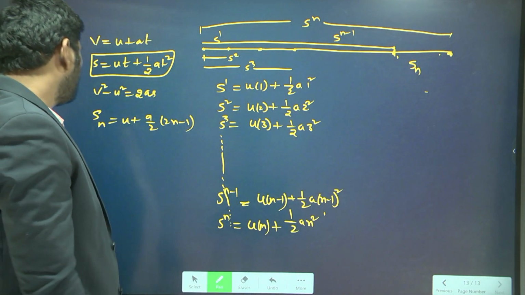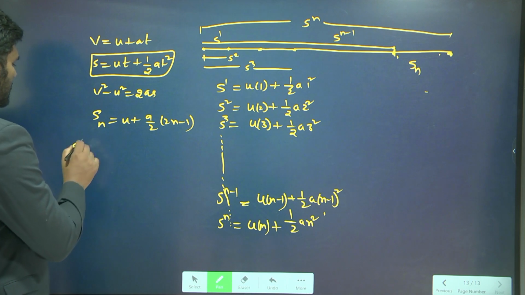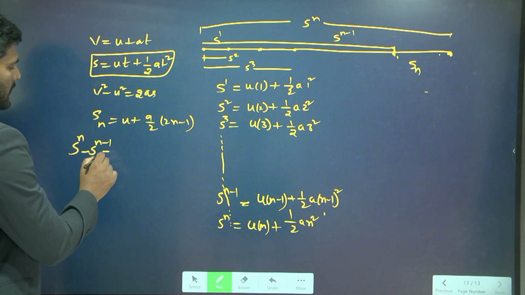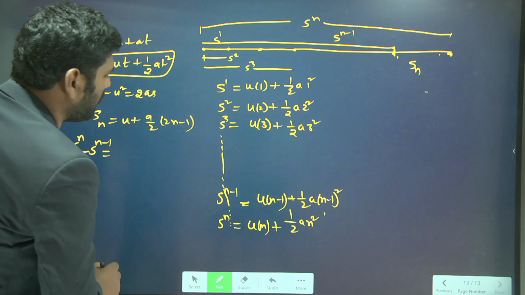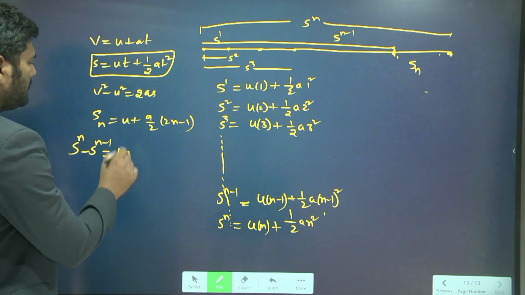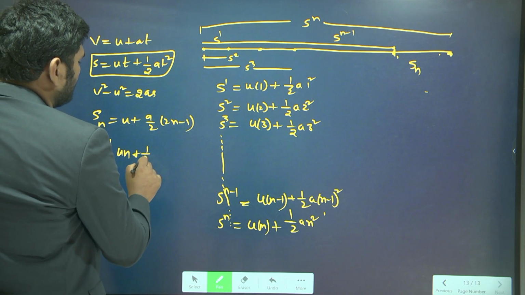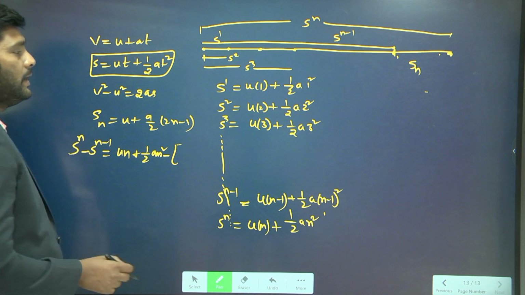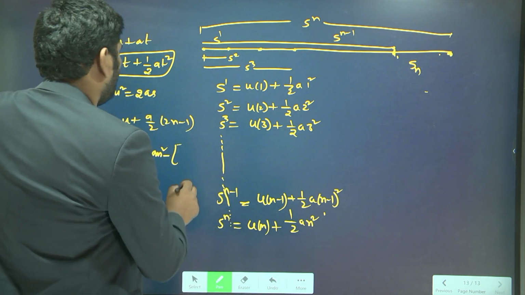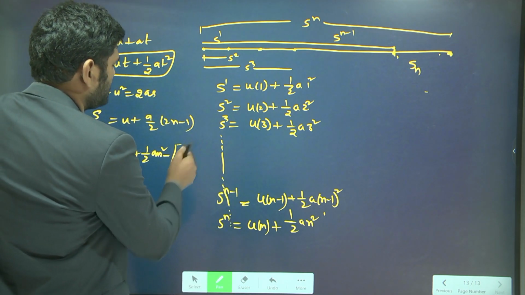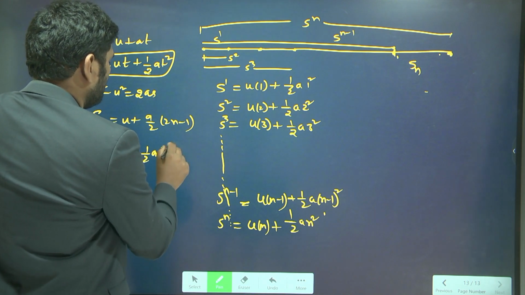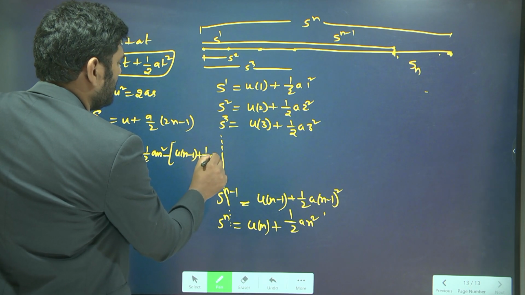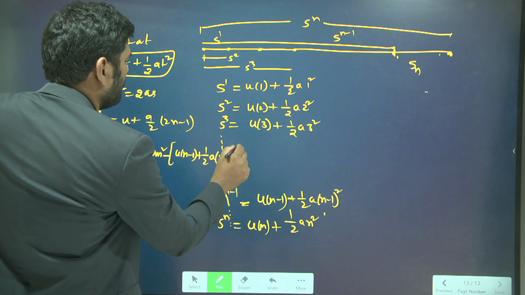So you can write the distance traveled in the nth second as Sn minus Sn minus 1, which is equal to, what is Sn? Just now we derived u of n plus half a n squared, minus the distance traveled in n minus 1 seconds, which is u of (n minus 1) plus half a (n minus 1) whole squared.